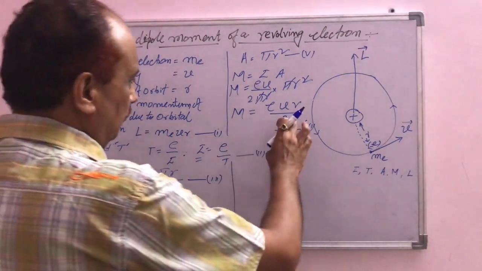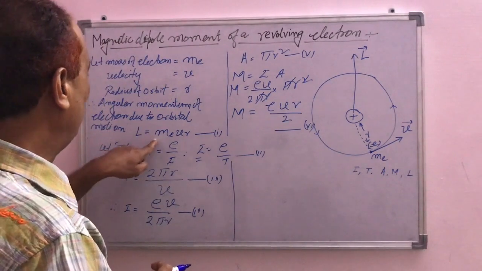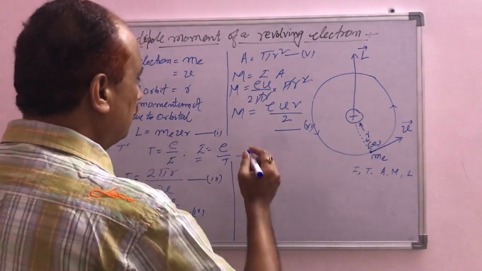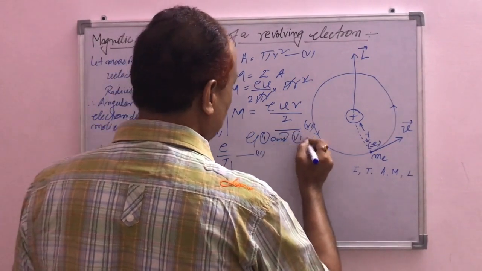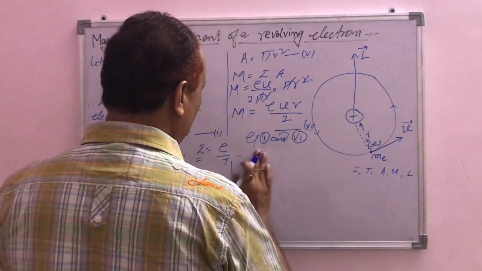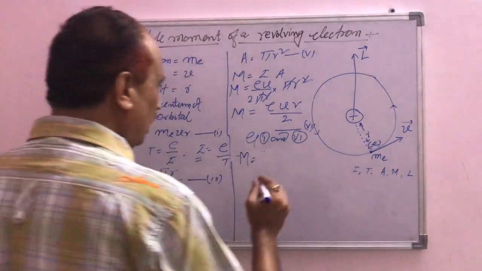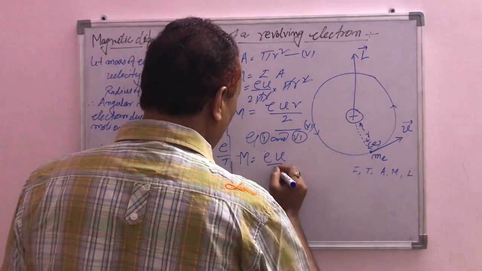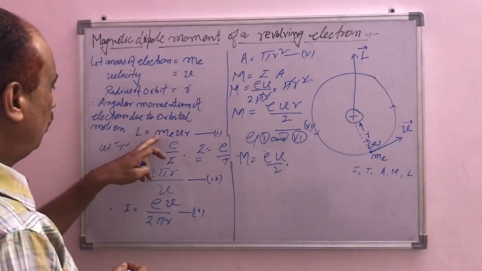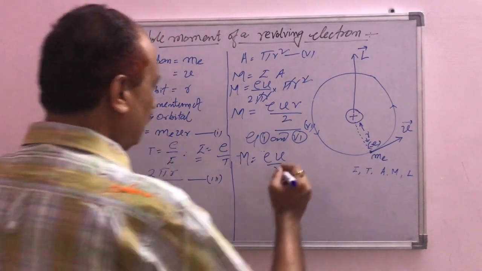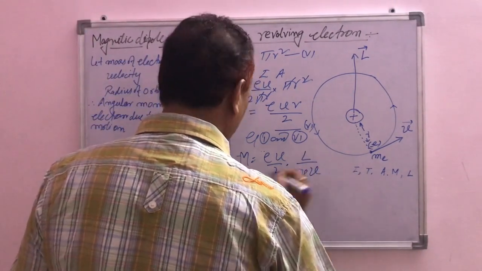Now the value of r can be put here from equation number 1, that is L equal to me v r. So from equation number 1 and number 6 we have M equal to e v upon 2 into r, where r means L upon me v.